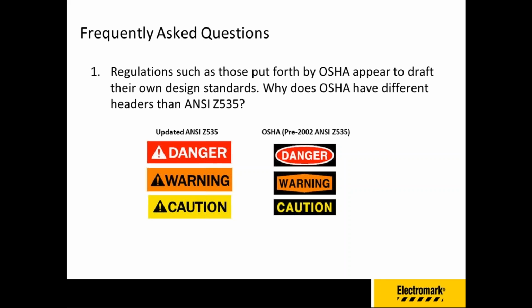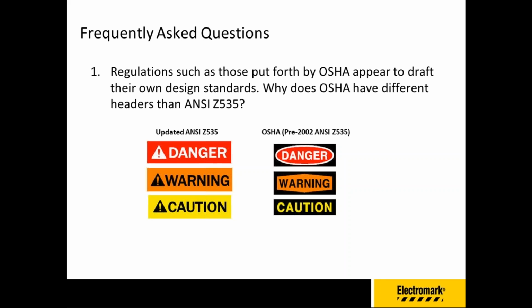But OSHA has continued to accept the headers on the right because in the old OSHA regulations, they actually cited ANSI Z535 1968 standards where those headers were allowed to be used. However, in September of 2013, OSHA updated its rules for regulations requiring safety signs, labels, and tags to include the headers and the other design elements in the ANSI 2011 revision.